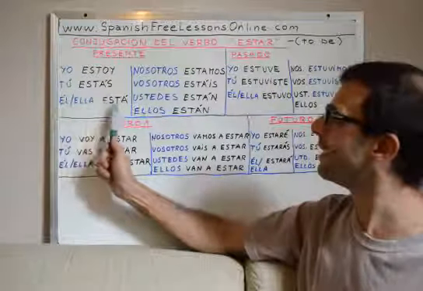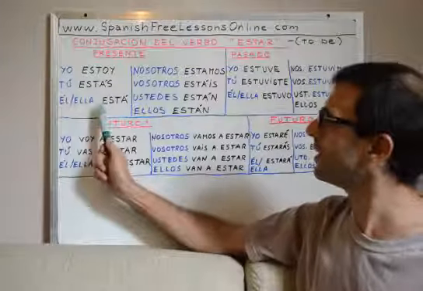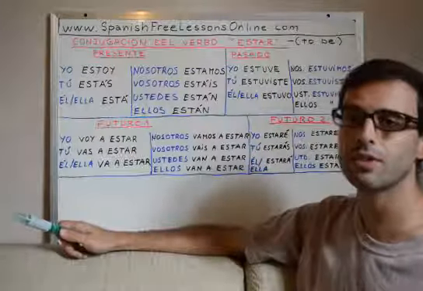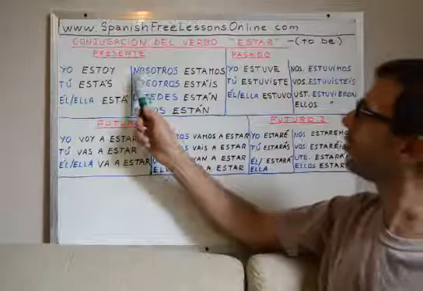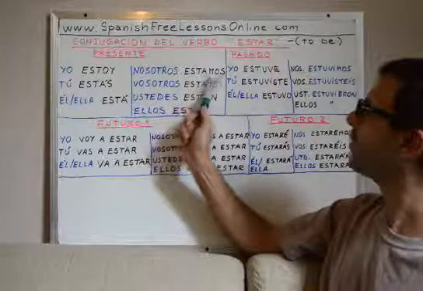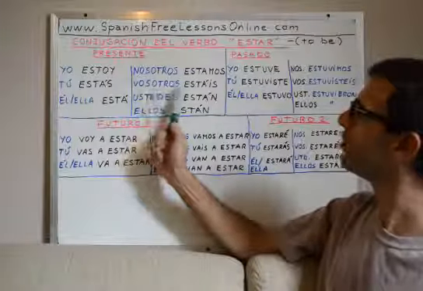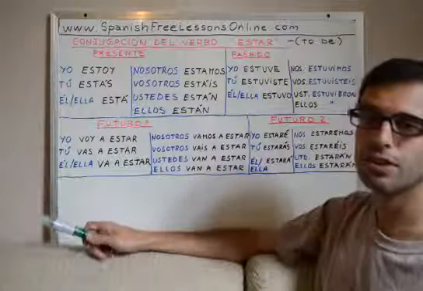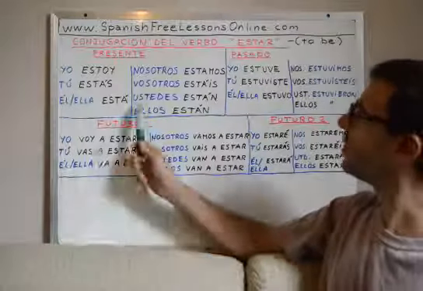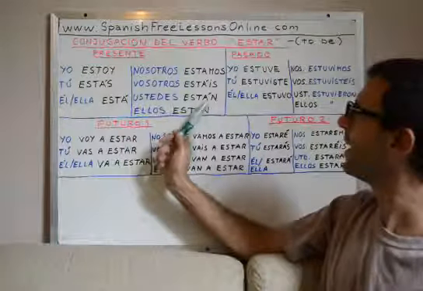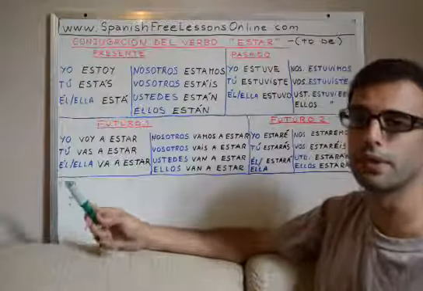Él está, or ella está. He is or she is. Nosotros estamos. We are. Vosotros estáis. You are, you plural. Ustedes están. You are again, right?